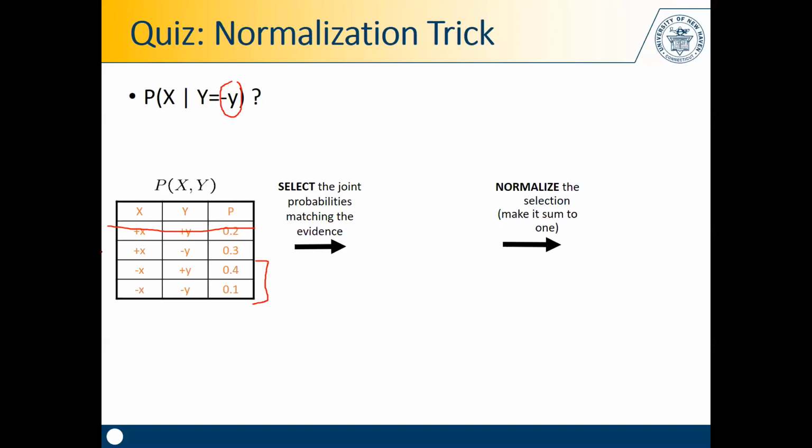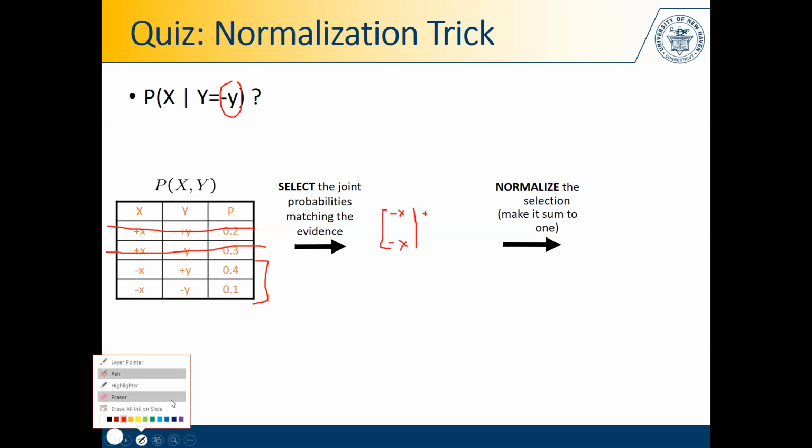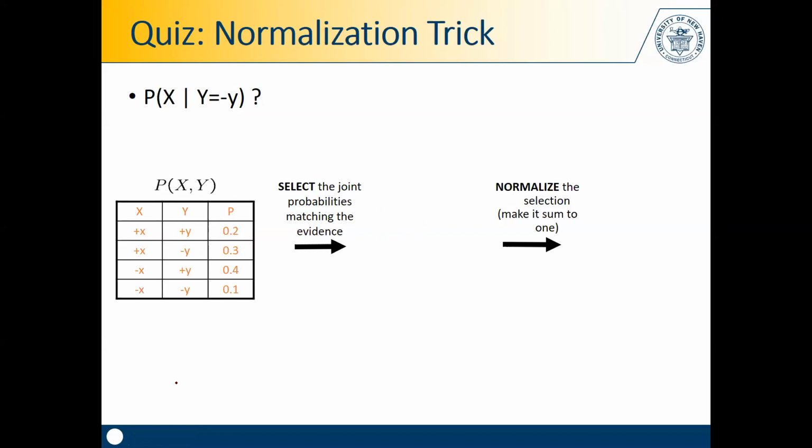We can get rid of these two. Oh, did I do it incorrectly? Yeah, I'm solving it for the assignment plus x. Sorry, let me clear everything. So the evidence is negative y. Where do we see negative y? We see it here and here.